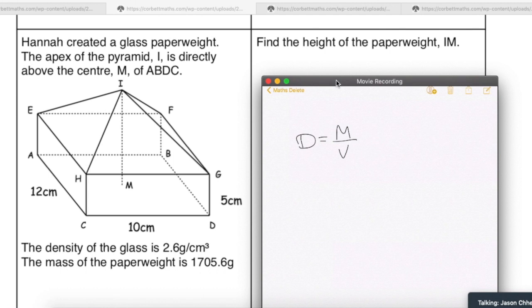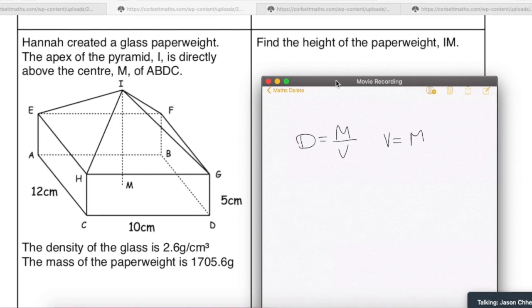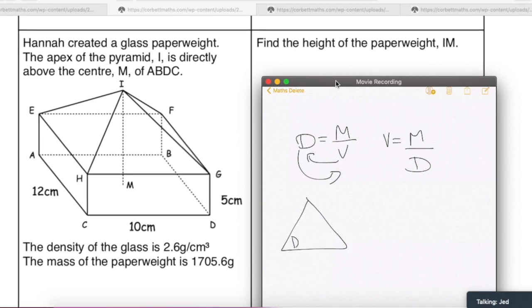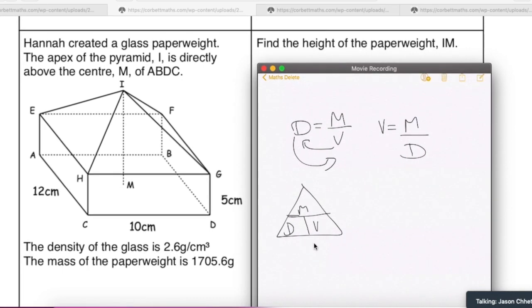Okay, I'll just go through this then. So to work out the height, I've rearranged this formula. Right, yeah, so to find the height, I'm going to rearrange this formula, draw a formula triangle, and then I'm going to find volume.